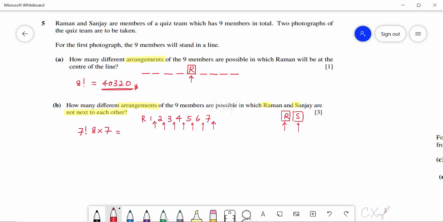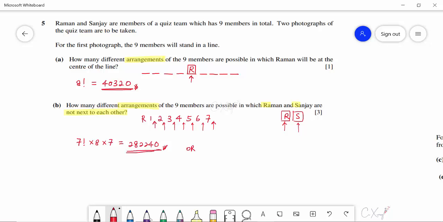The answer should be 282240. So this is one way. Maybe I rewrite it again. It should be 7 factorial multiplied by 8 multiplied by 7. So you will get 282240.